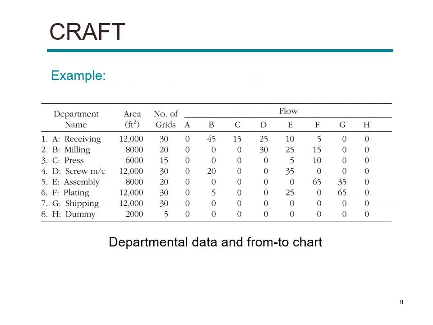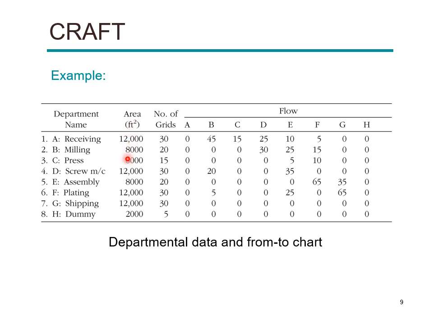Okay, let's consider a numerical example to understand this CRAFT better. So in this example, we are given 8 departments. Okay, so their numbers, their names, receiving, milling, and etc. are all given. And you can either represent these departments with such numbers, or if you like, you can represent them with letters as well.